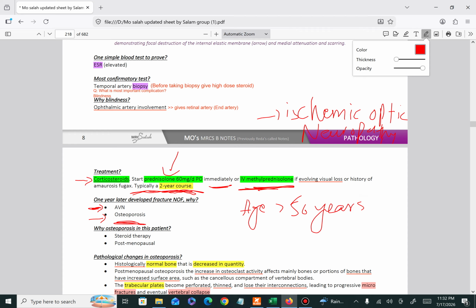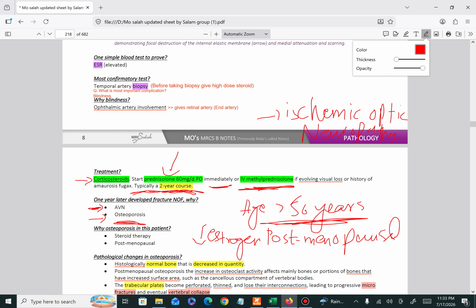Okay, and as it is common in females, in females more than 50 years, there is the postmenopausal period. Okay, in the postmenopausal period there is low estrogen.